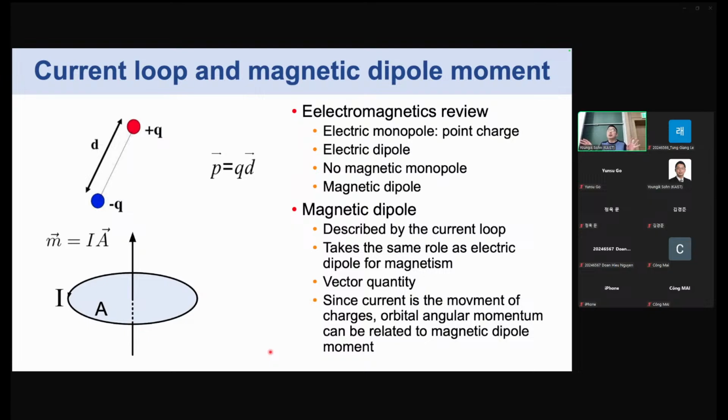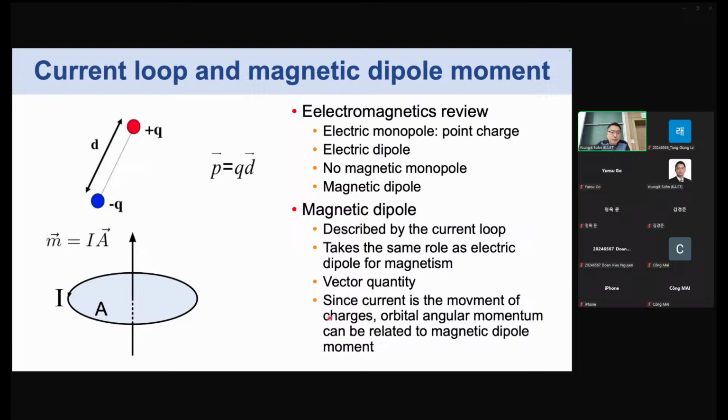Electric dipole and magnetic dipole, although they look different, in the far field, if you move very far away compared to the size of the dipole d or the loop size, the electric field E produced by the electric dipole and the magnetic field B produced by the loop are mathematically the same. As the name suggests, they're both dipoles.